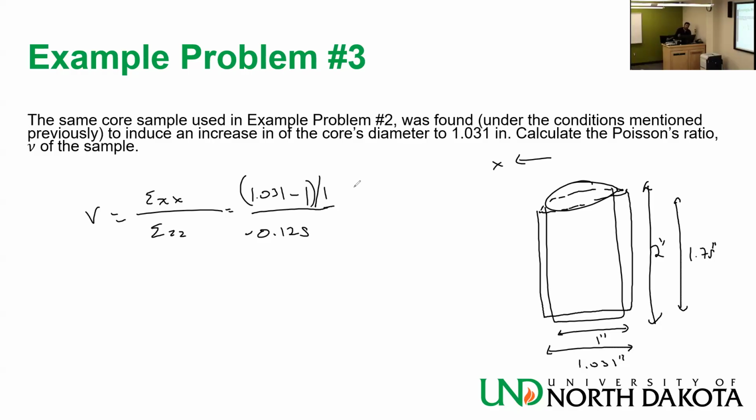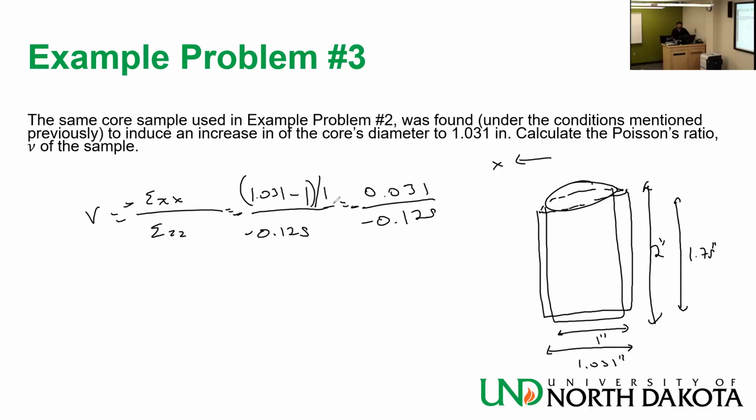So it becomes 0.031 divided by 0.125. One is positive, the other is negative, so I have the negative sign.